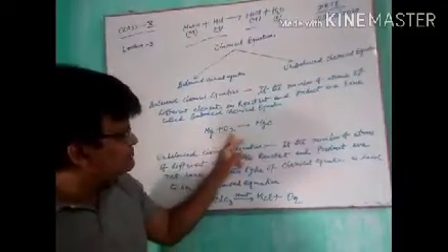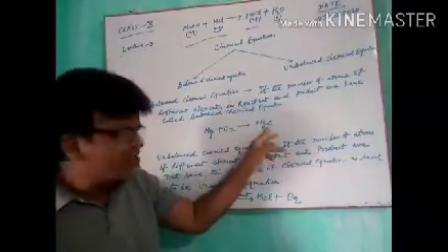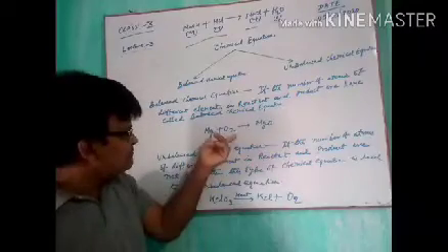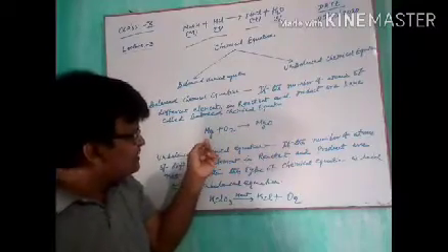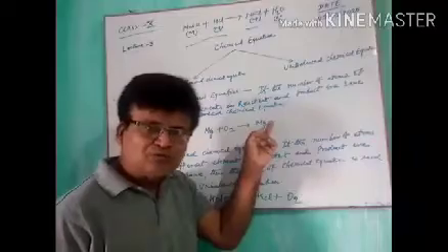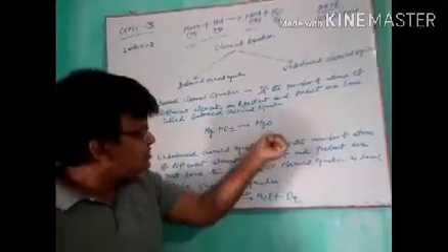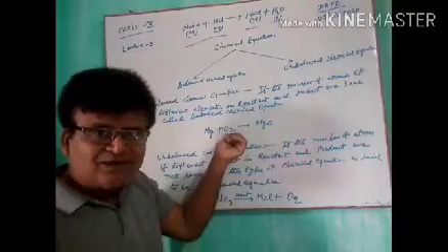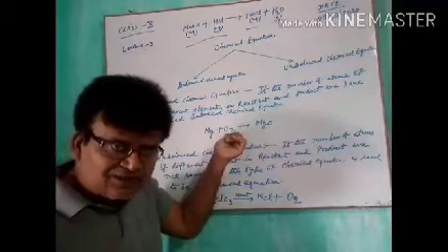Here a chemical reaction represents the burning of magnesium ribbon. When magnesium ribbon is burned in air, it gives magnesium oxide. We see that in the reactant part the number of magnesium atoms is 1, and in the product part the magnesium atom is also 1. But the oxygen atom in the product part is 1, while in the reactant part the number of oxygen atoms is 2.